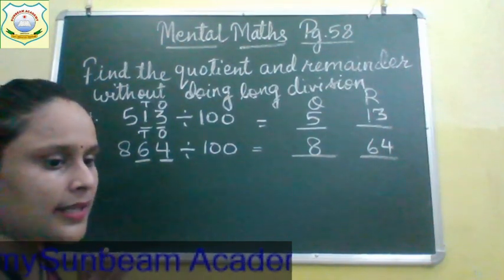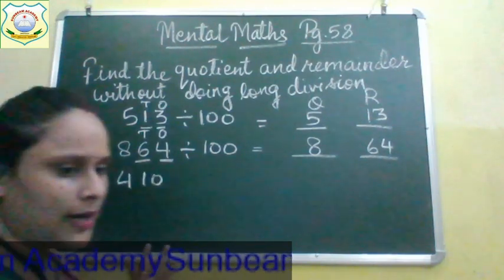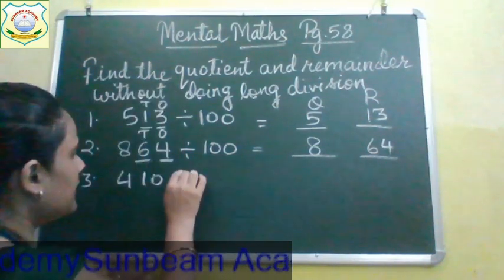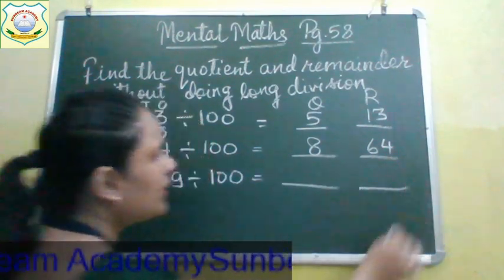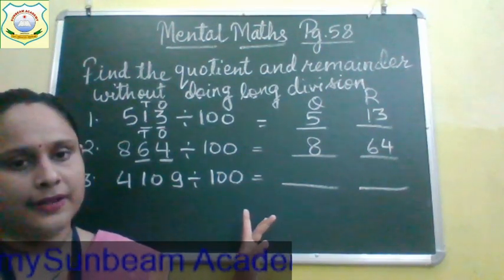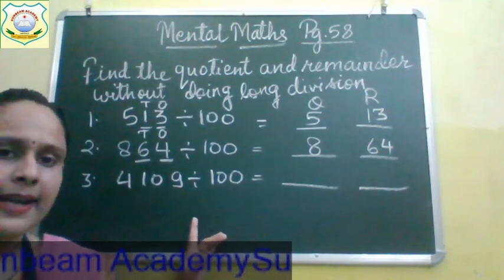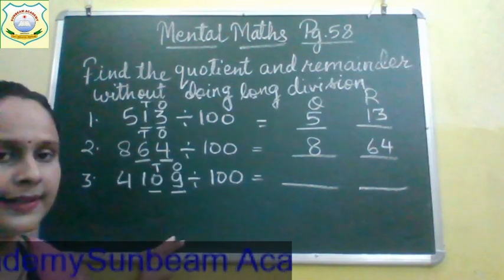Your next question is 4109 divided by 100. Now children, 4109 divided by 100. Which numbers are there in the tens and ones place? 0 and 9.